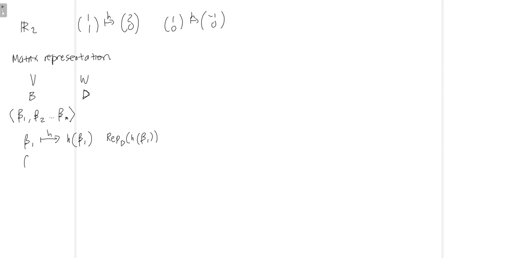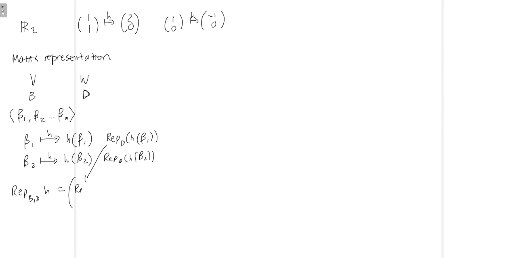Okay, so I'm just going to write this again just to keep track. And then we're going to define the representation of the map itself to be the combination, kind of just adjoining all of these representations.